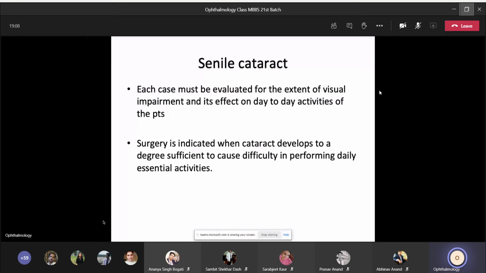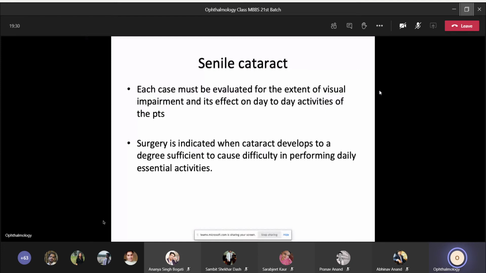Surgery is indicated whenever the patient complains that the cataract is causing difficulty in performing daily activities. So it depends on profession. For some people, it doesn't matter until the vision is hand movement or even PL, if they are old and retired.